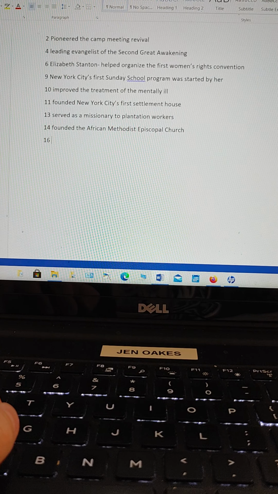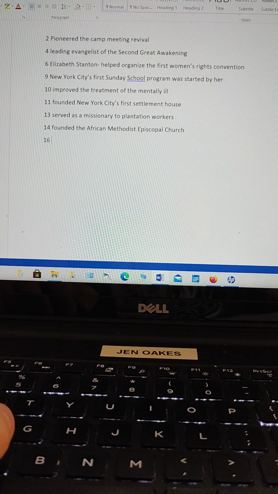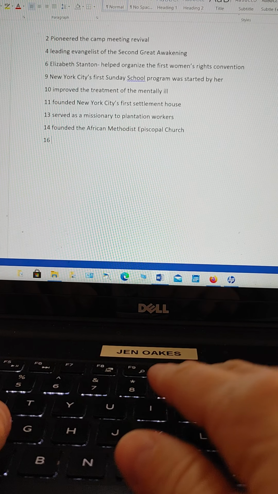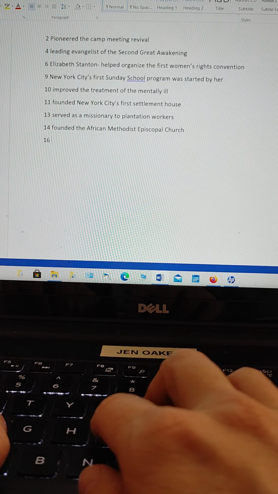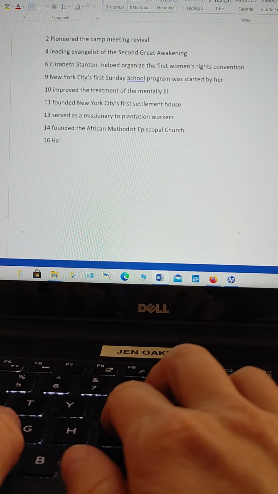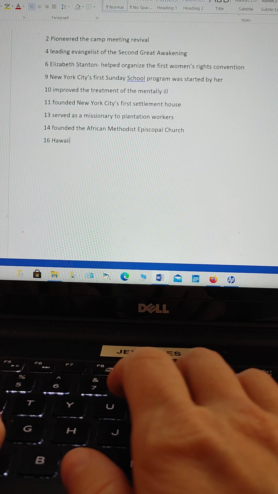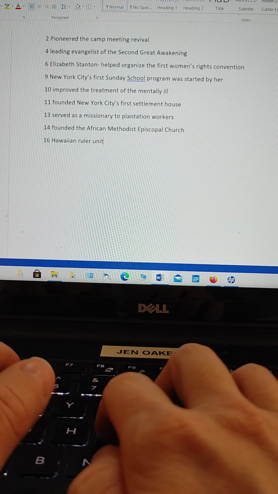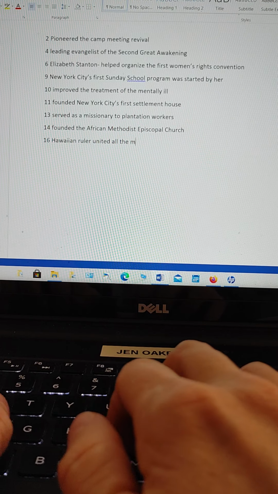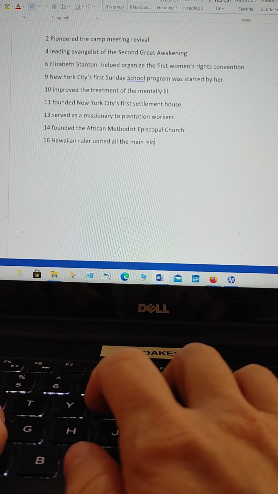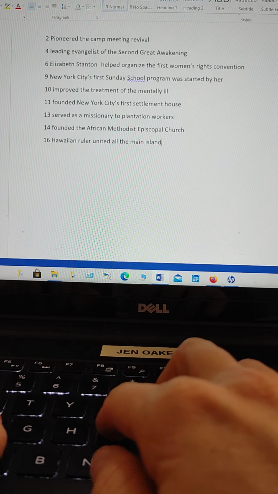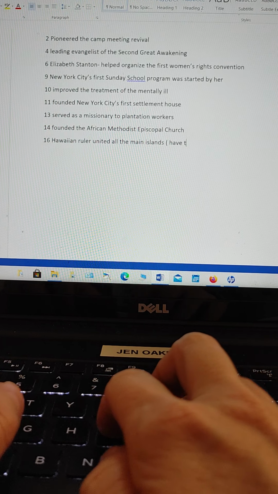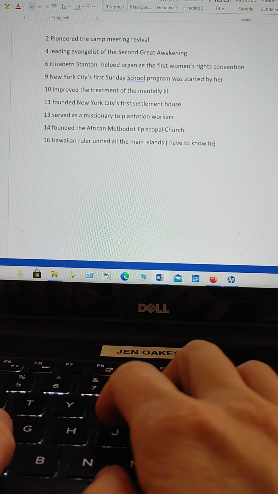Kamehameha the first. And luckily, this is multiple choice. He is the Hawaiian ruler that united all the main islands. You will have to know what number he is.